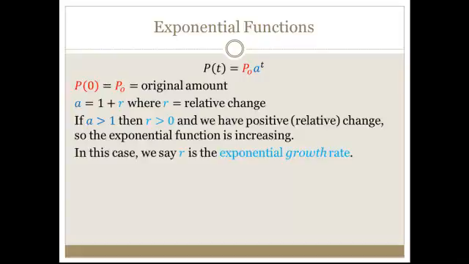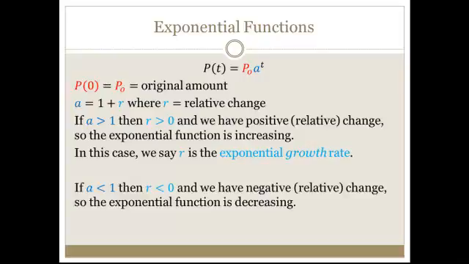In this case, we say r is the exponential growth rate. On the other hand, if a is less than 1, then r must be negative, and we have negative relative change. So the exponential function is decreasing. In this case, we say r is the exponential decay rate.